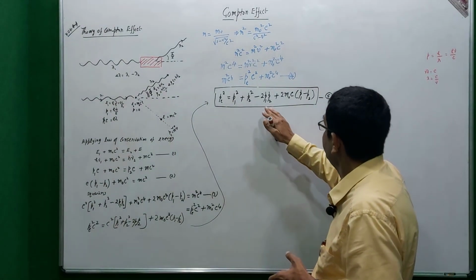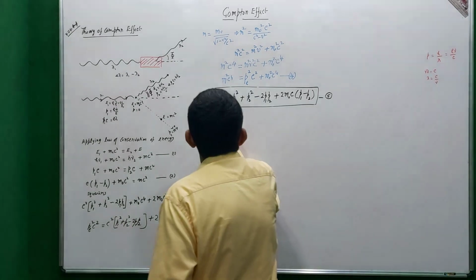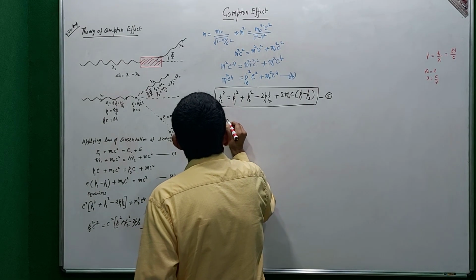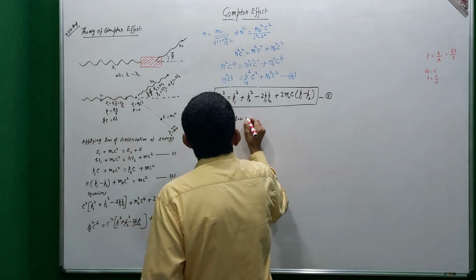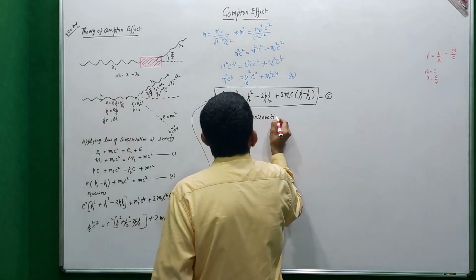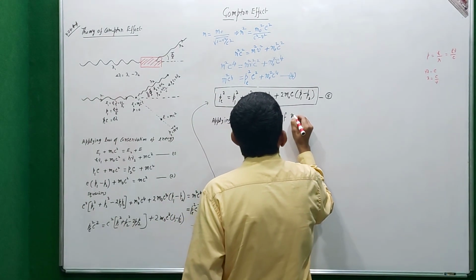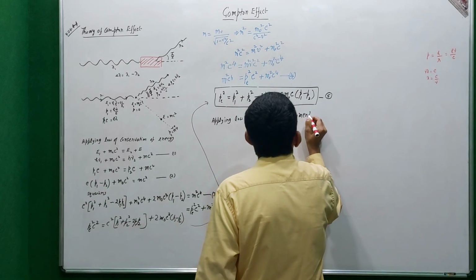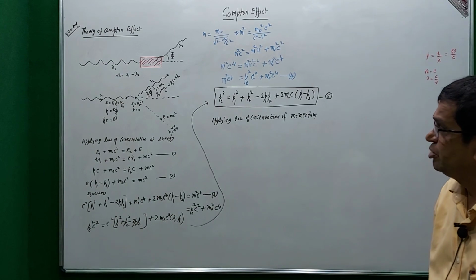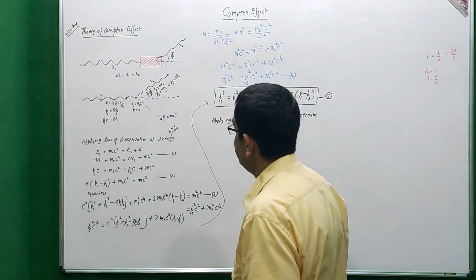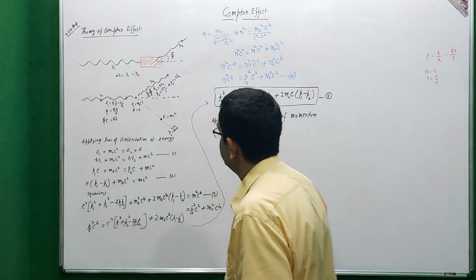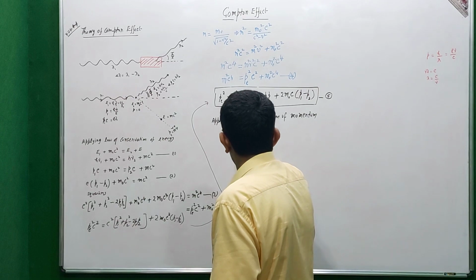Now we consider the law of conservation of momentum. Let us apply the law of conservation of momentum. Momentum is a vector quantity. Therefore, the initial momentum I'll write as P1. What is the momentum of the electron which is at rest?